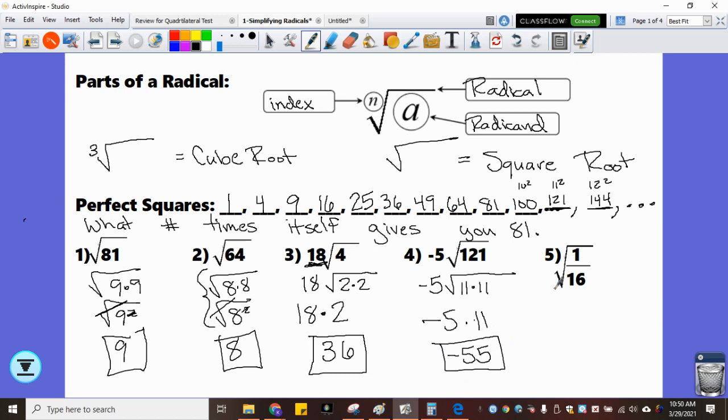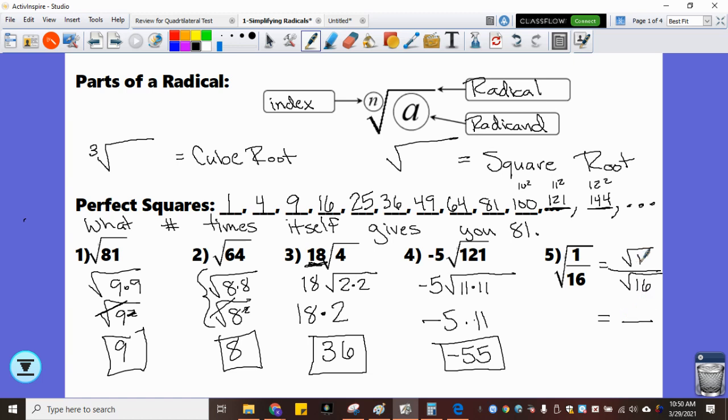All right, 5's up here because people are usually scared of 5 just because it has a fraction. But it's not that bad, because all you're doing is taking the square root of the top. So what's the square root of 1? 1. And then what's the square root of 16? What number times itself gives you 16? 4.